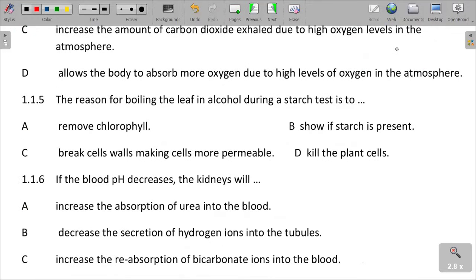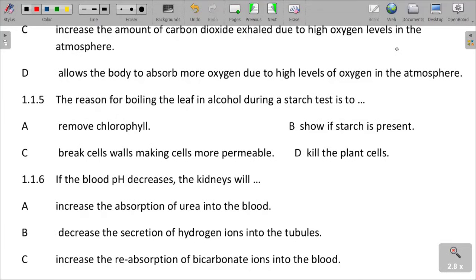And then the reason for boiling the leaf in alcohol during a starch test is to do what? Remember, we have experiments to determine if chlorophyll is necessary for photosynthesis. There are quite a lot of factors that have to do with the life cycle or survival of plants.